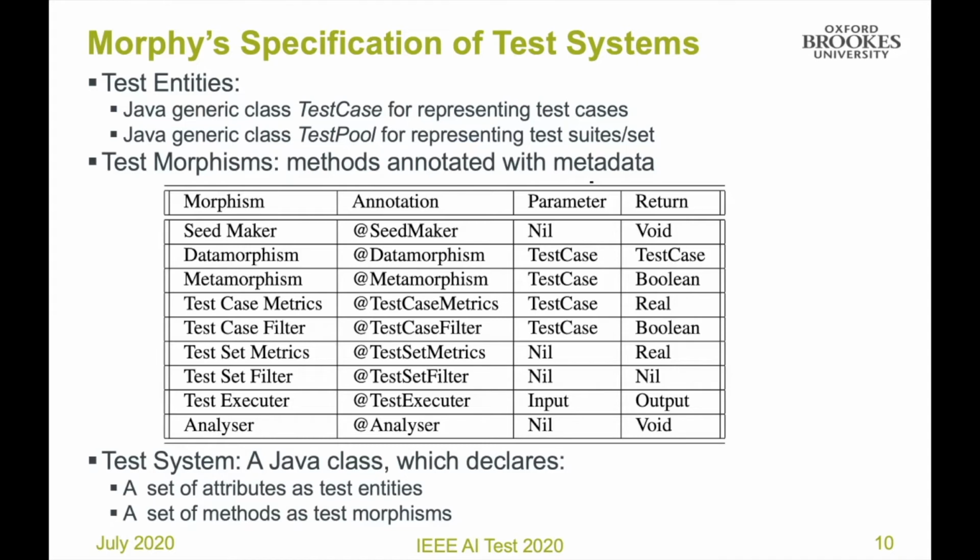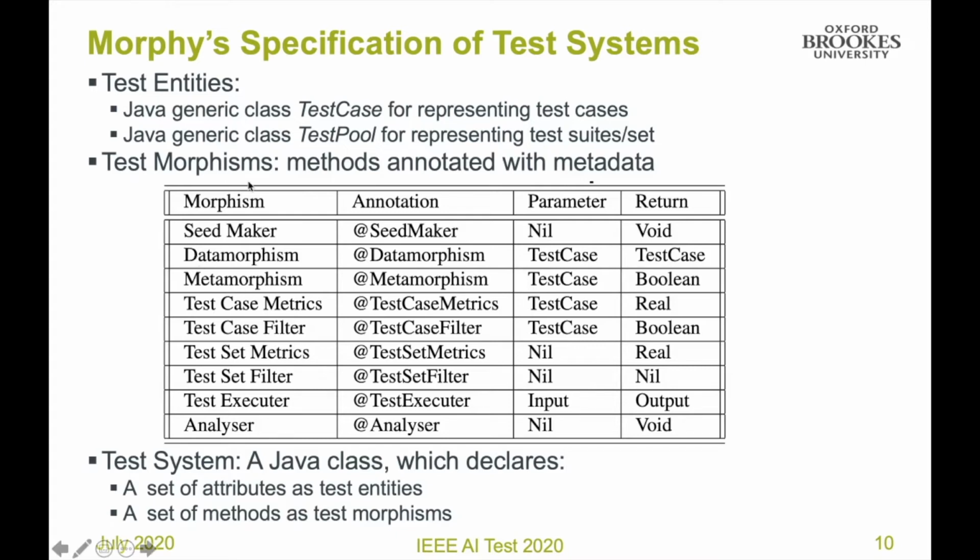The test entities use a generic class called test case to represent the test cases, and also a generic class called test pool for representing a test suite or test set. Test morphisms and test entities are annotated with metadata using Java's metadata mechanism.